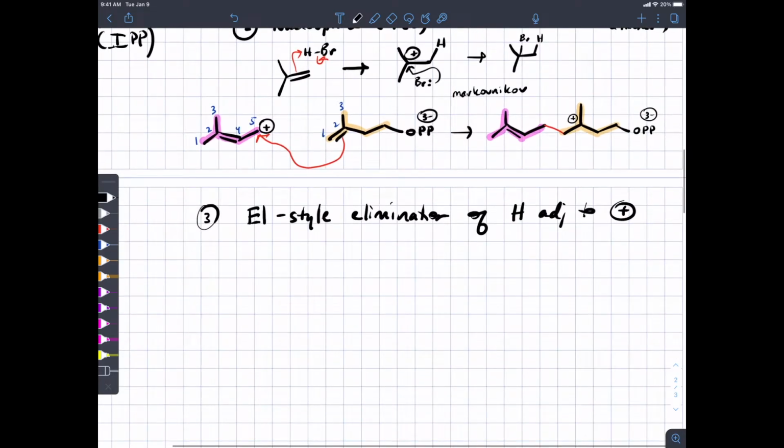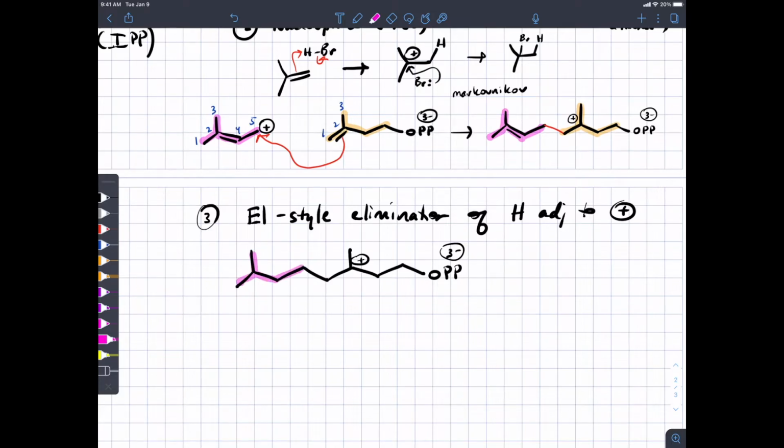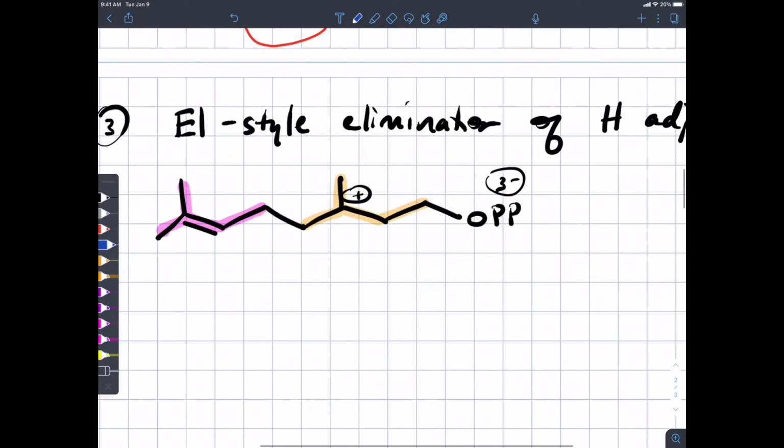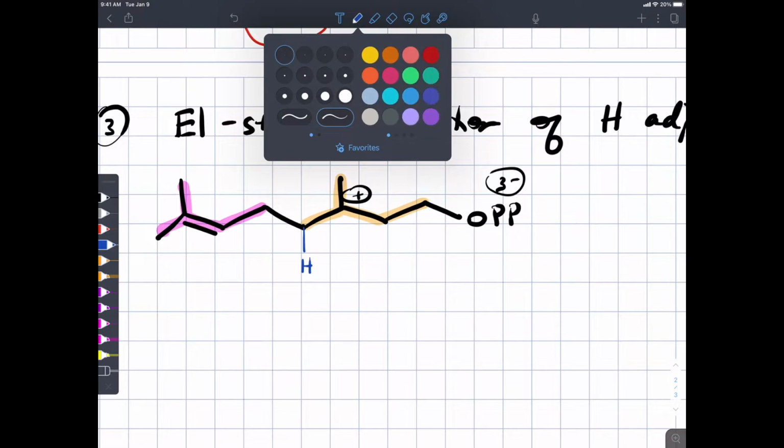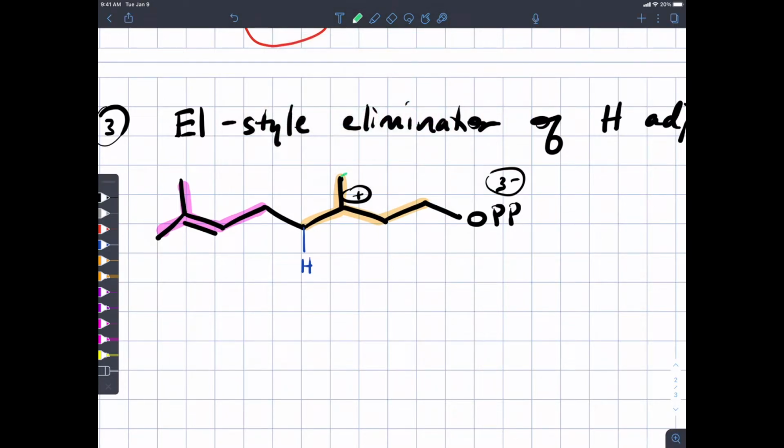So if we take our product that we just made, the carbocation, and we have the positive charge here, I'm going to continue to highlight the individual isoprene units. If we zoom in and look at the carbons that are adjacent to the positive charge, we have 3 of them.